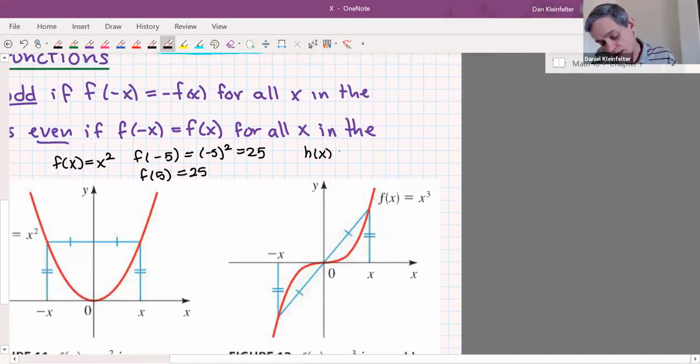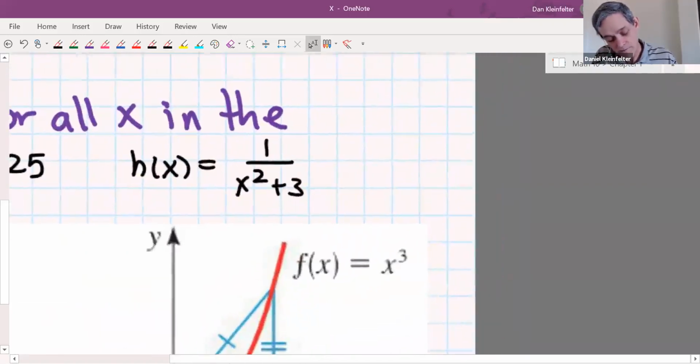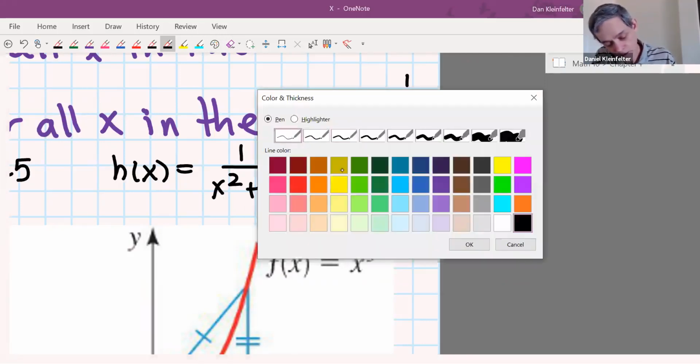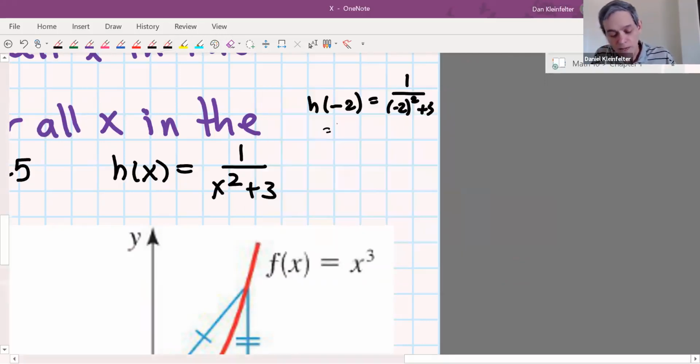Okay, another example of an even function. Let's let h of x be 1 over x squared plus 3. H of -2 is 1 over -2 squared plus 3. Okay, that's 1 over 4 plus 3, or 1/7.